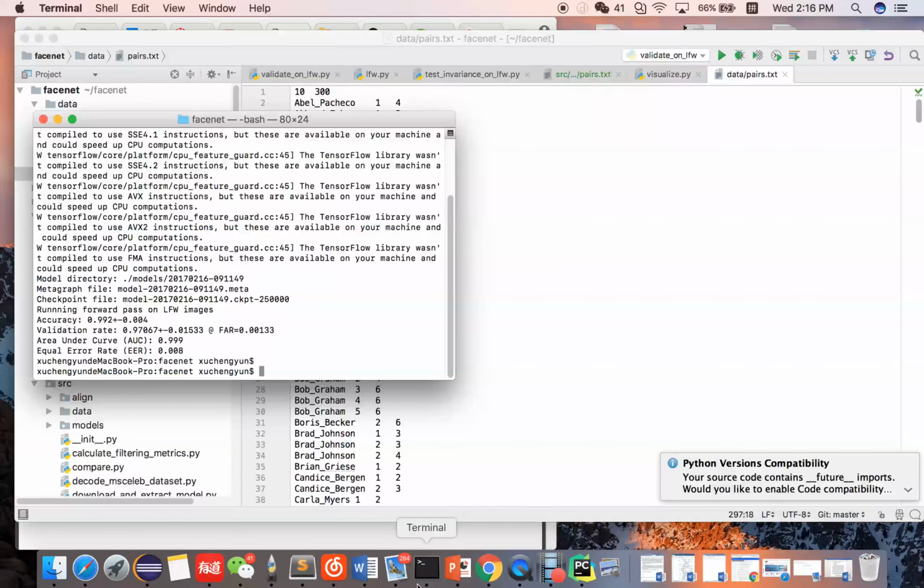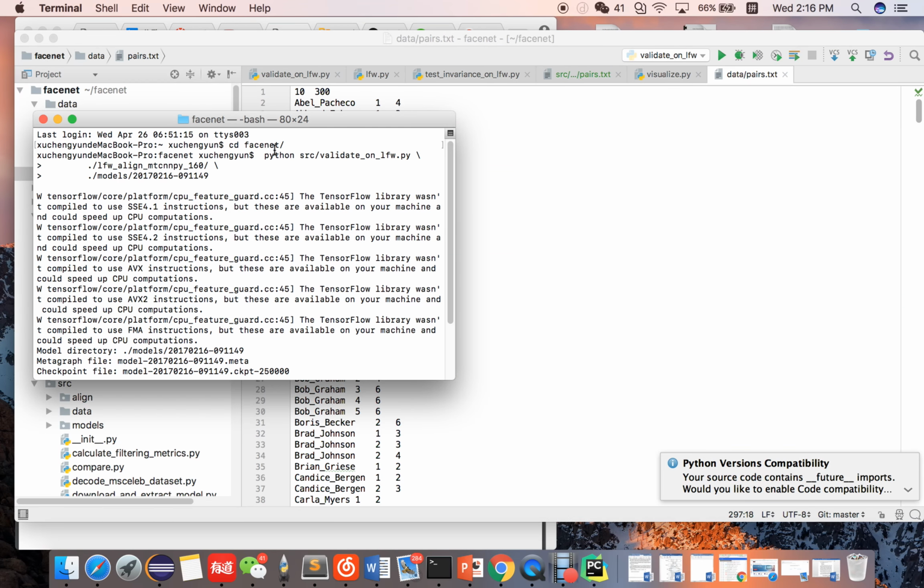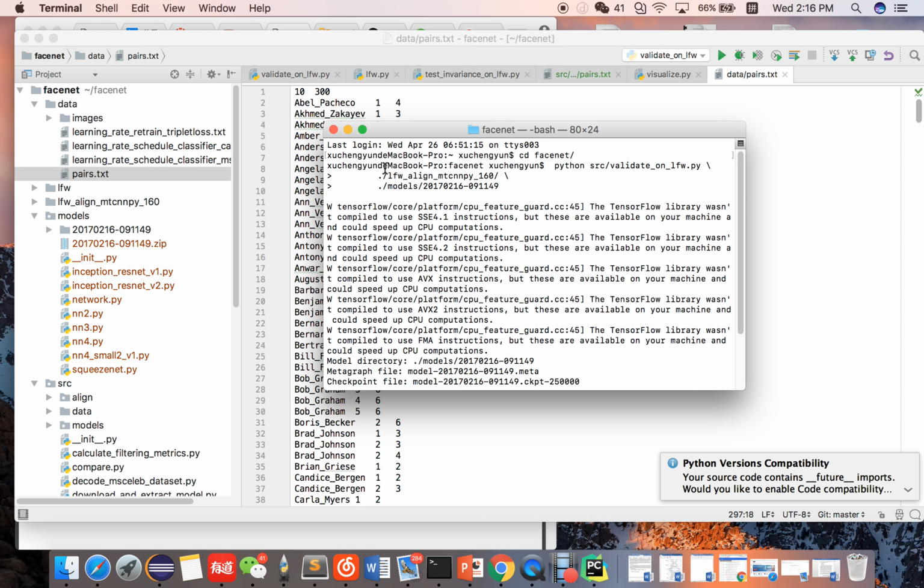Because running the validation algorithm costs a lot of time, I ran it in advance. I ran validate_on_lfw.py. The lfw align folder contains the pictures after alignment, and the model file is the training model.